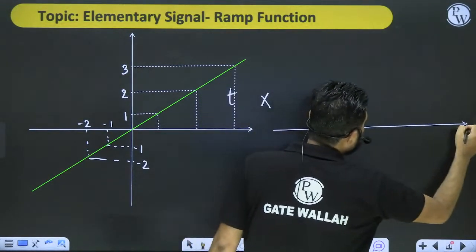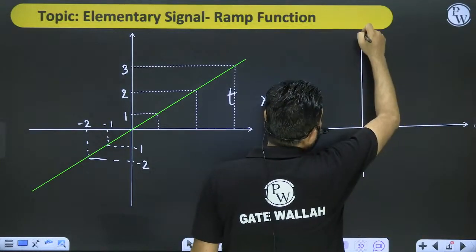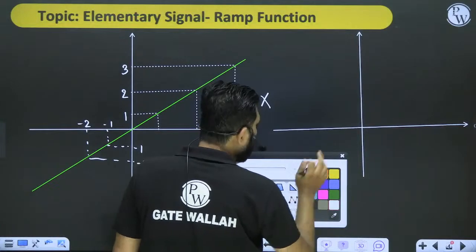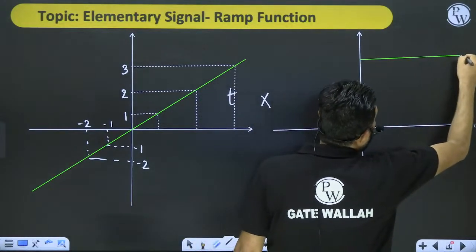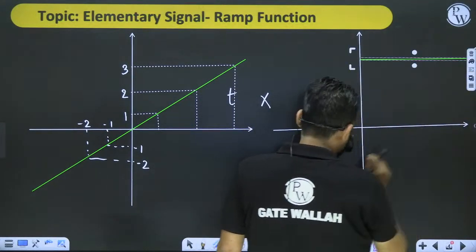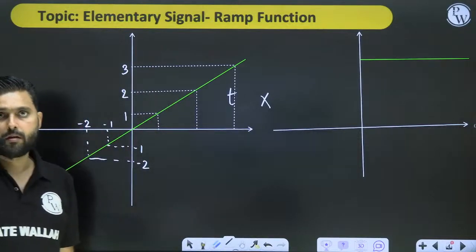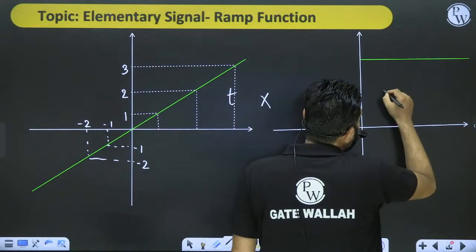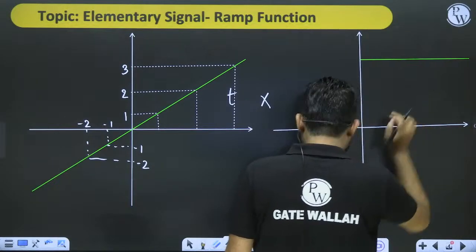What will happen if I multiply both these functions? You know that this is u(t). This is which function? This is u(t).